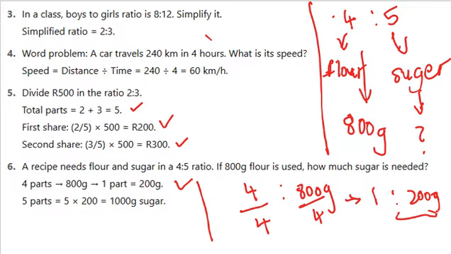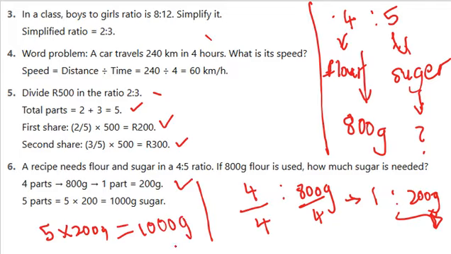So to get how many grams sugar will have, simple, you're gonna multiply this 200 by the 5 units. Okay, so you're gonna say for sugar it's 5 units, so let me multiply 5 times what is for 1 unit, 200, and you're gonna get 1000 grams.